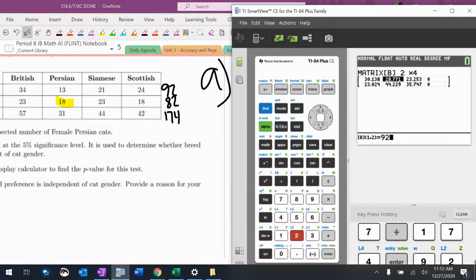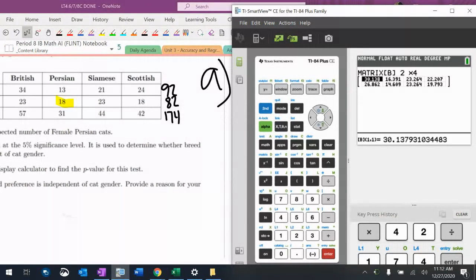And then 92 times 31 divided by 174. 92 times 44 divided by 174. 92 times 42 divided by 174. 82 times 57 divided by 174. 82 times 31 divided by 174. 82 times 44 divided by 174. 82 times 42 divided by 174. Okay, so there's my expected frequencies.